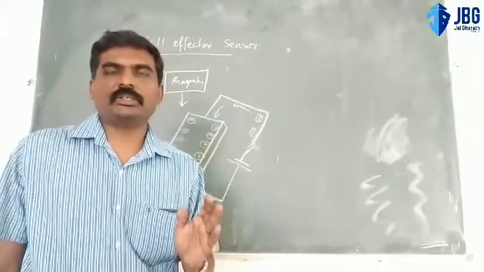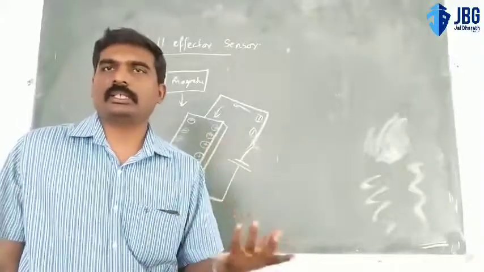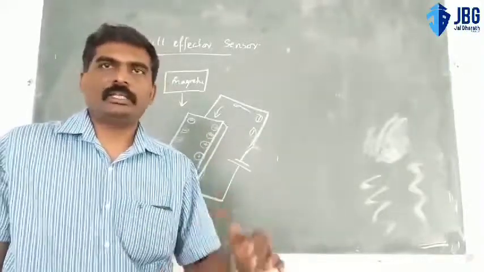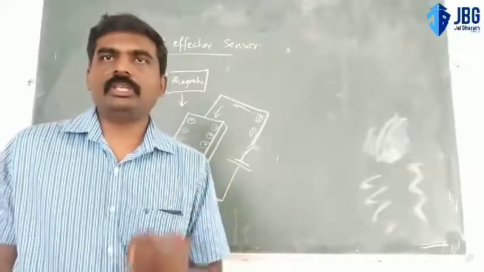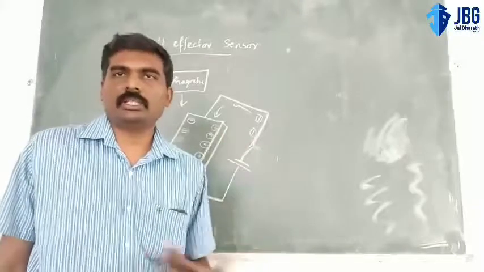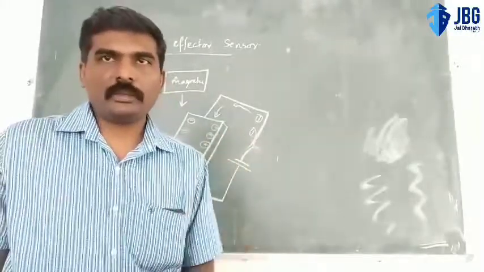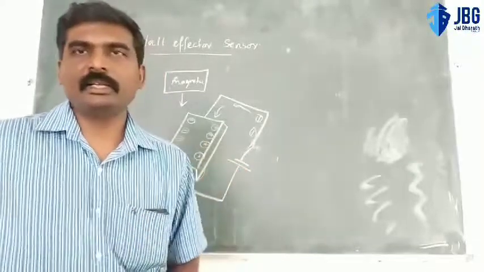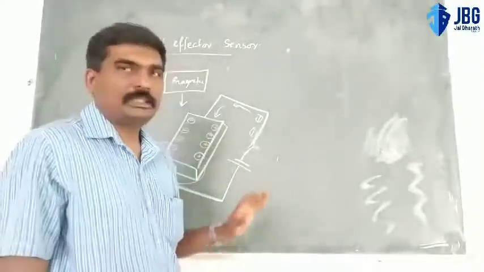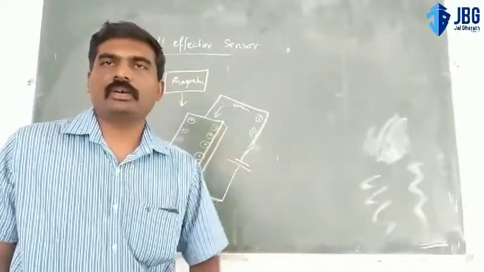In an inductive sensor we can only detect ferromagnetic substances like iron, steel, etc. And in a capacitive sensor we can detect PVC, concrete, wood or anything. But in this case also we can detect only ferromagnetic materials. Let's see how we detect the proximity using a Hall effect sensor.